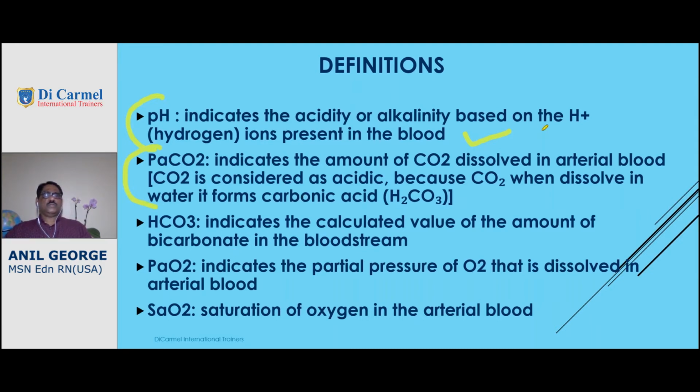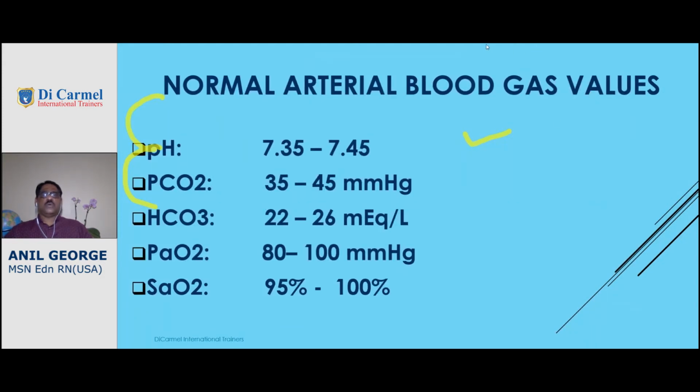Next is PaCO2. It indicates the amount of carbon dioxide dissolved in the arterial blood. Something very important to understand: anytime you talk about carbon dioxide, it is acidic, because when carbon dioxide dissolves in water or in blood, it forms carbonic acid. Remember the PaCO2 of 35 to 45?